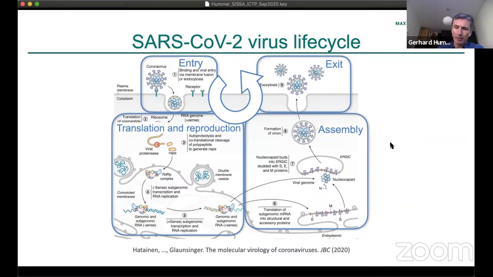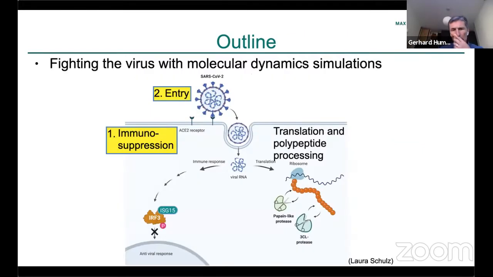A key step then is to assemble new virions, and in the last step, to release them to the outside. In my talk, I will show results from our work involving molecular dynamics simulation, where we looked at two key steps in this viral life cycle.